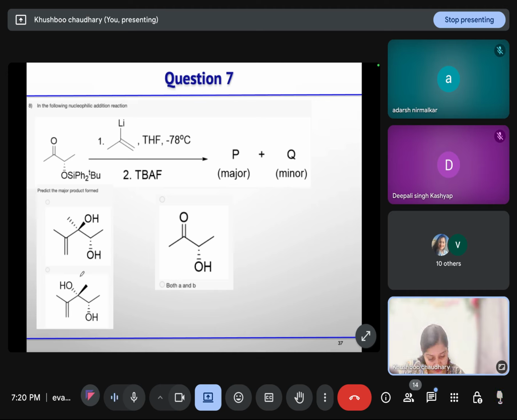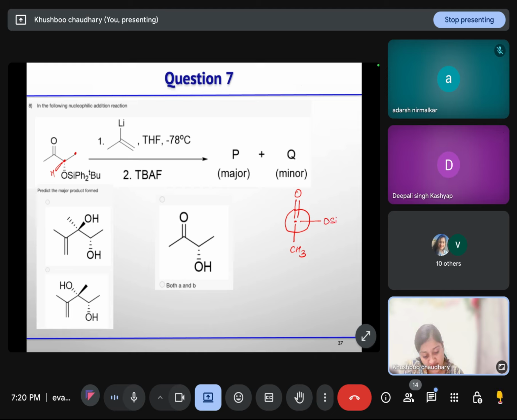So let's draw this. You have this carbonyl, and here in this case we have methyl. Now, three groups are there: O-silicon group, your methyl, and hydrogen. So which one is bulky?